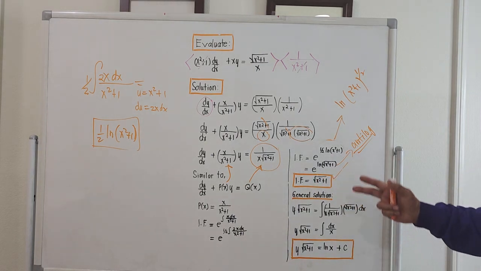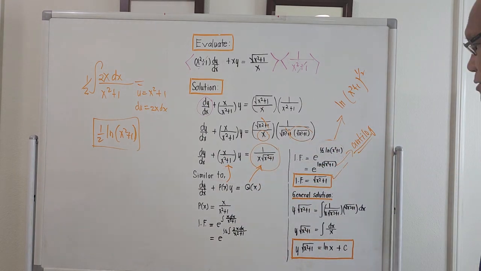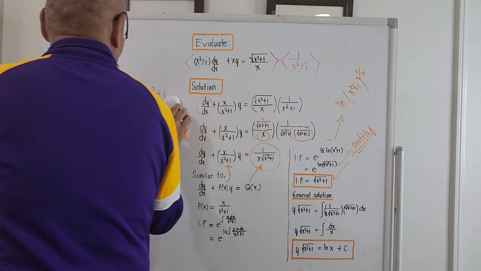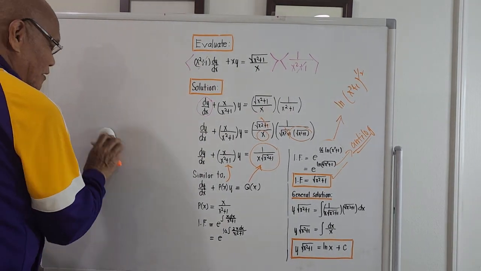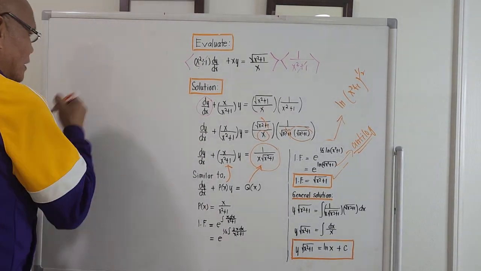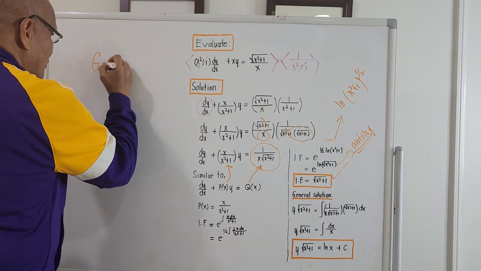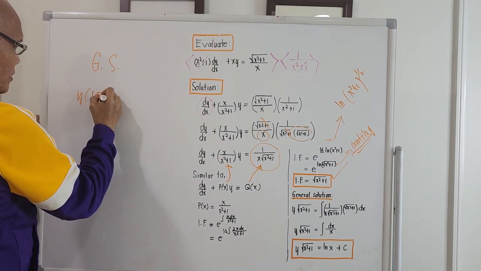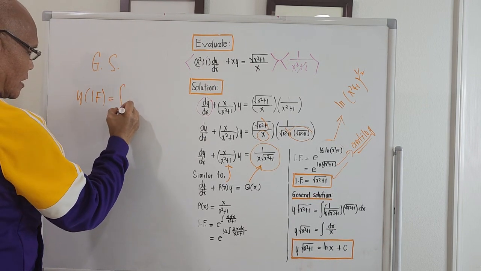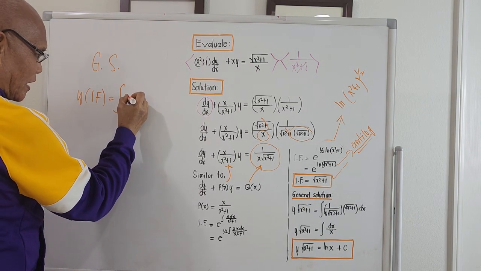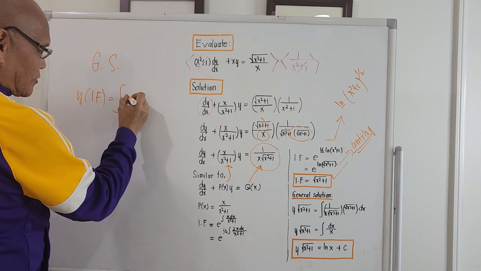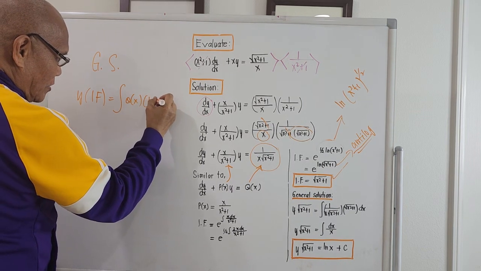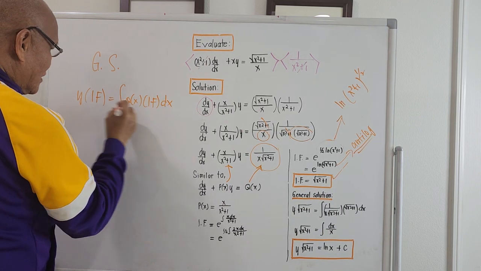Okay? So if we now try to bring out the general solution, as I have said a while ago, it's an easy matter. I'll repeat again. The general solution is y times the integrating factor equal to the integral of the right hand side, q of x, again times the integrating factor multiplied by the dx.